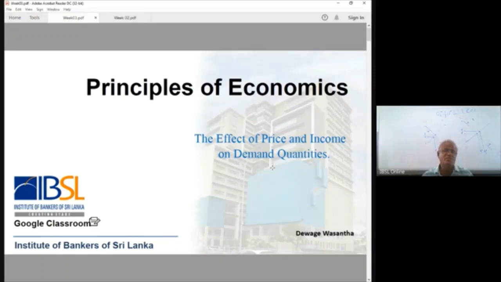Some goods are price inelastic. Some goods are price elastic. Consumer response is very high when price changes. Some are price inelastic. Consumer response is slow. Cigarettes, liquor, for a given change in price.